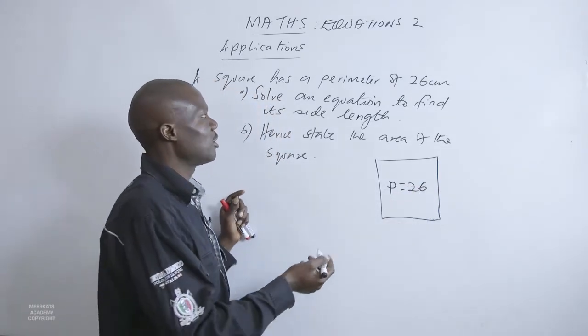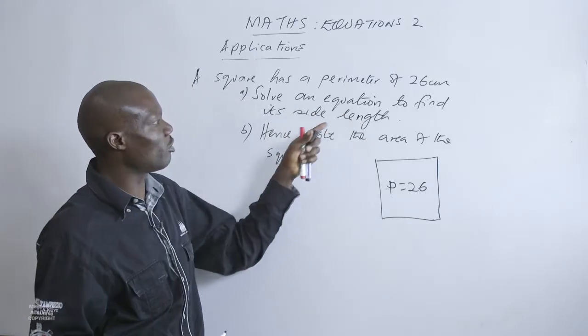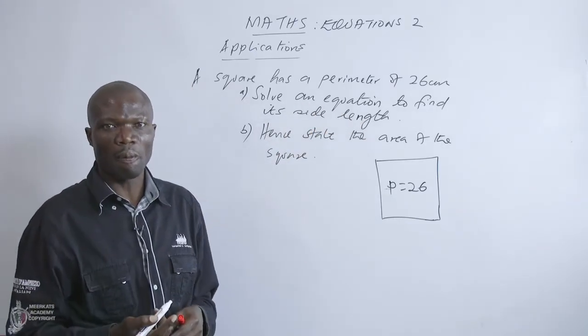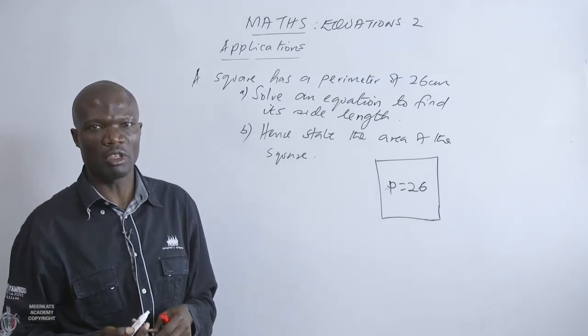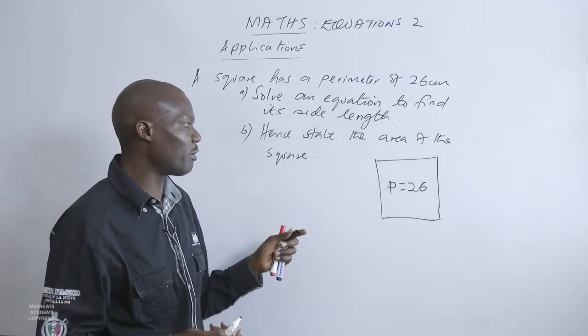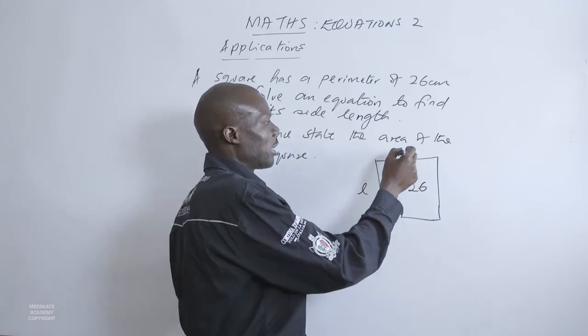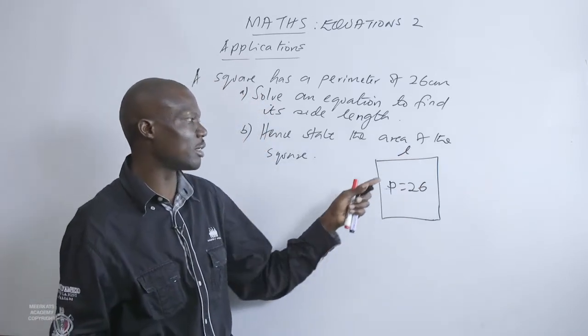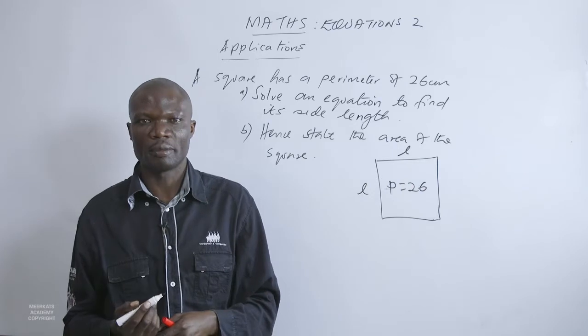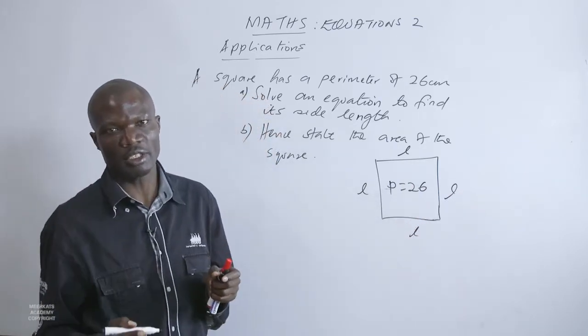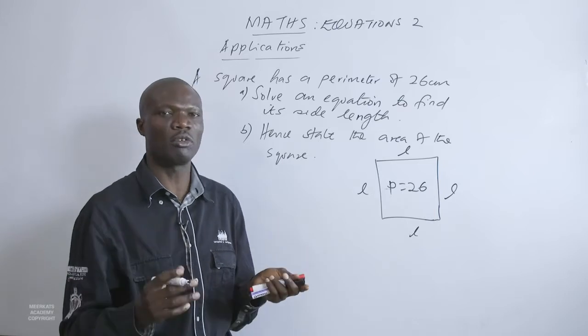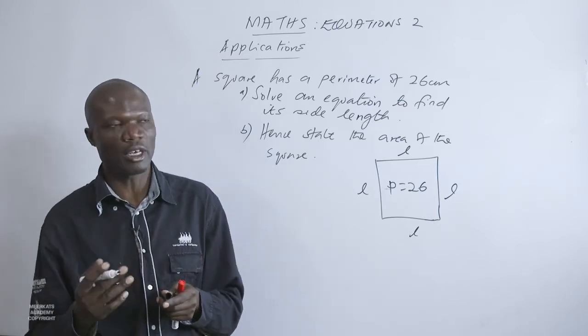They're asking us to solve an equation, so we first have to come up with an equation that reflects the perimeter of this square. If all the sides are the same, then this L is the same as this L, and the opposite sides are also equal.